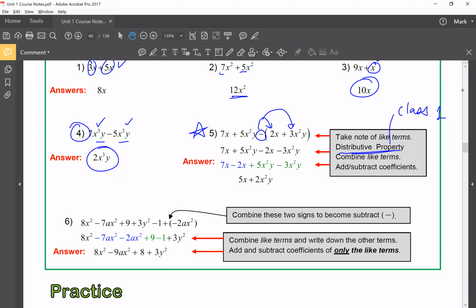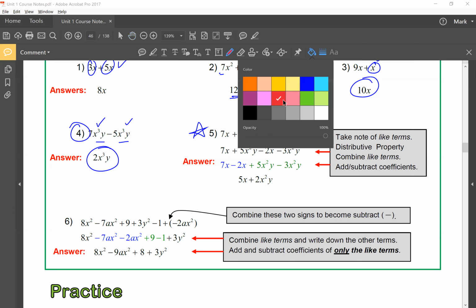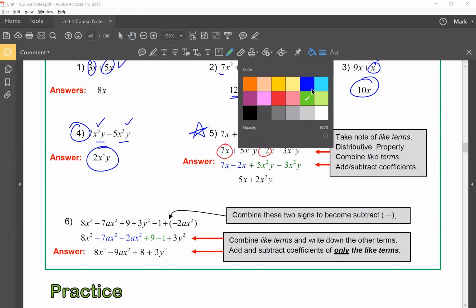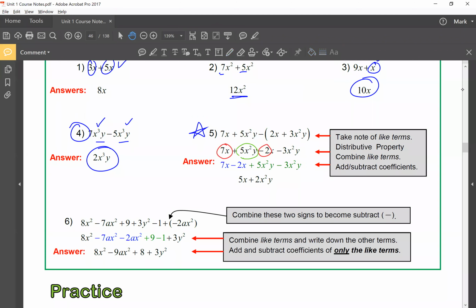Now, look really closely at the colors. The x's, I'm going to combine, and I'm circling them in red. And the green, the x squared y, I'm circling them in green. We will combine those terms.